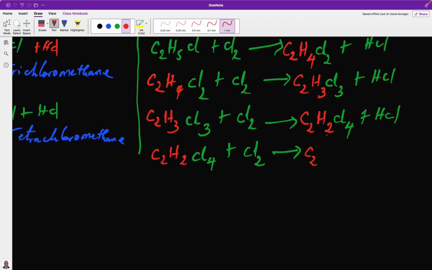The hydrogen drops from 2 to 1: C2H. What happens with chlorine? From 4 it goes up. So as hydrogen is going down, the chlorine atoms are increasing. They are inversely proportional. Okay, C2H and Cl5, plus HCl.